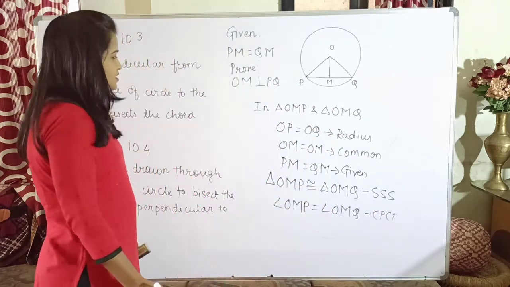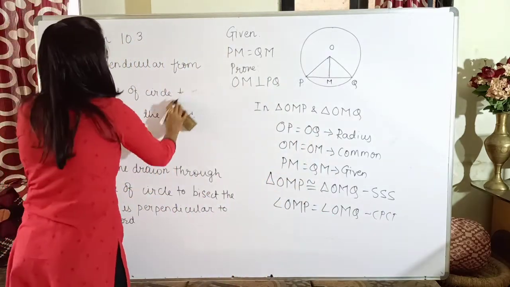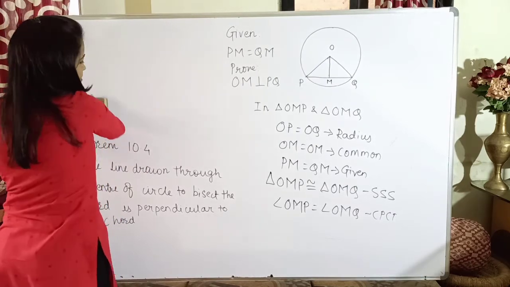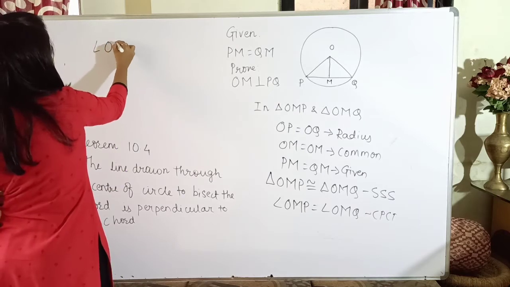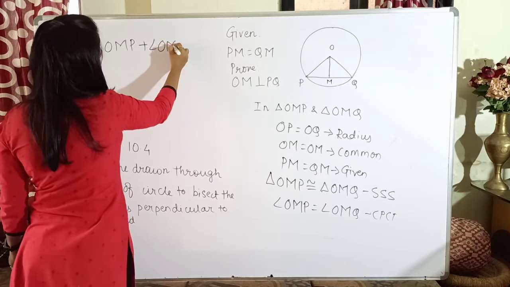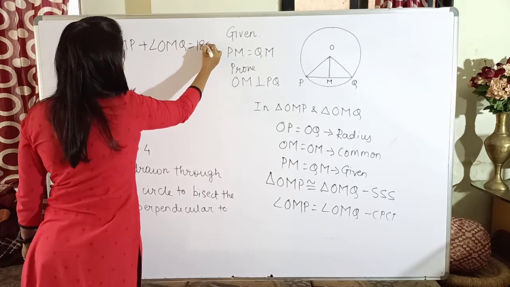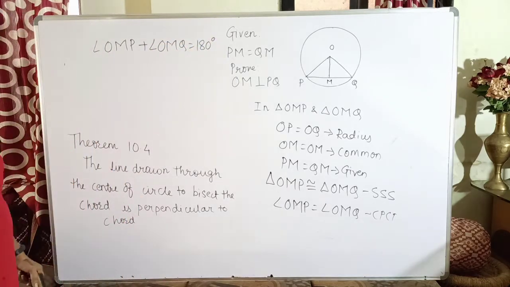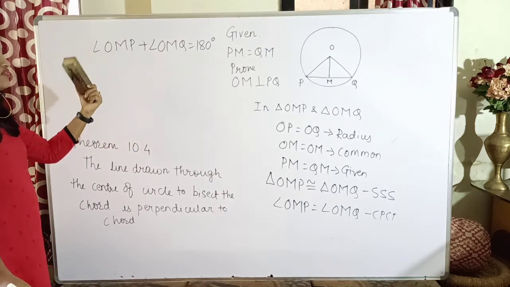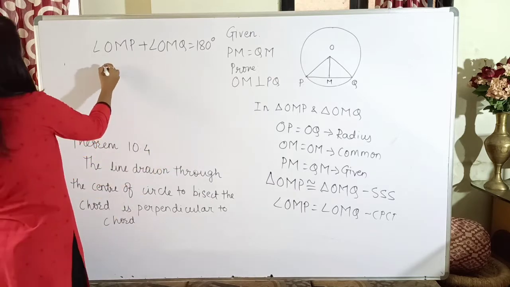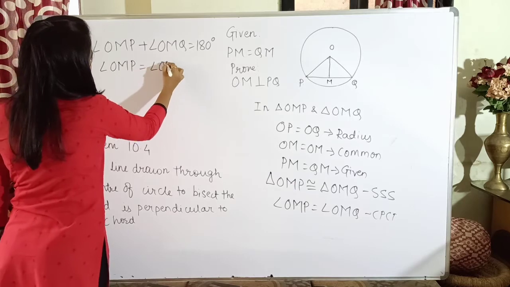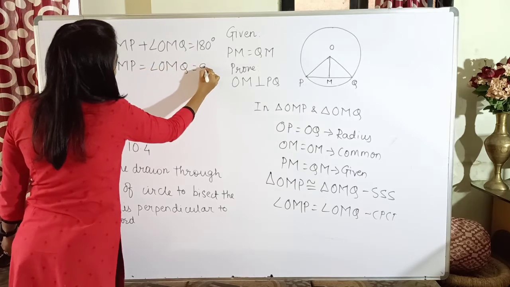Yes, but I will write the next part of the proof here. The two angles are actually forming the linear pair. So angle OMP plus angle OMQ is actually equal to 180 degree, because both are linear pair angles. The addition of both angles is 180, whereas the two angles are same also. So can I write angle OMP and angle OMQ both will be equal to 90 degree?